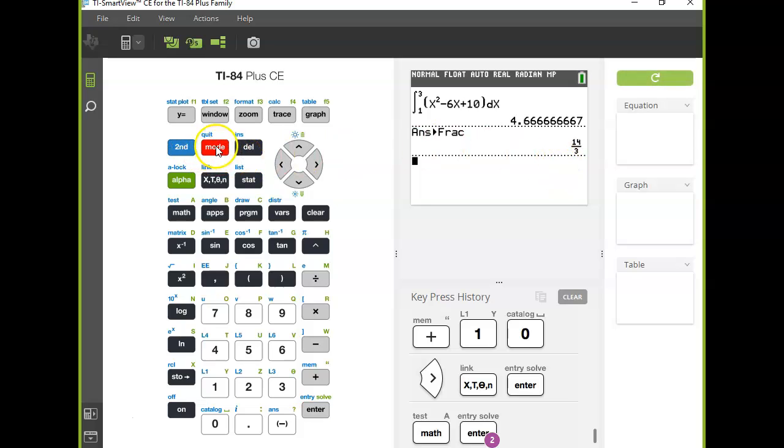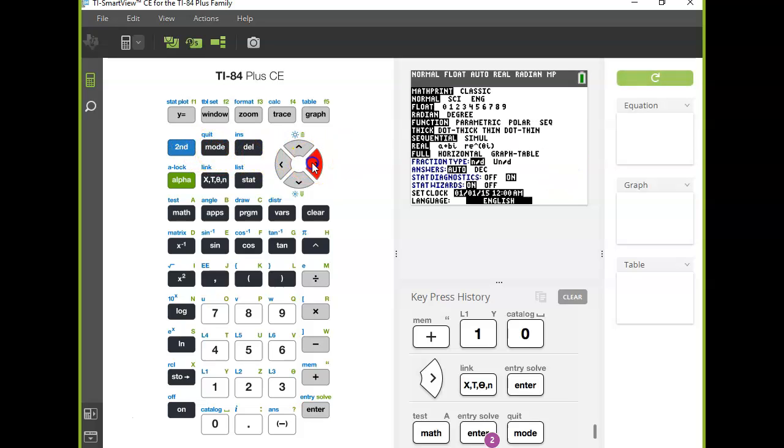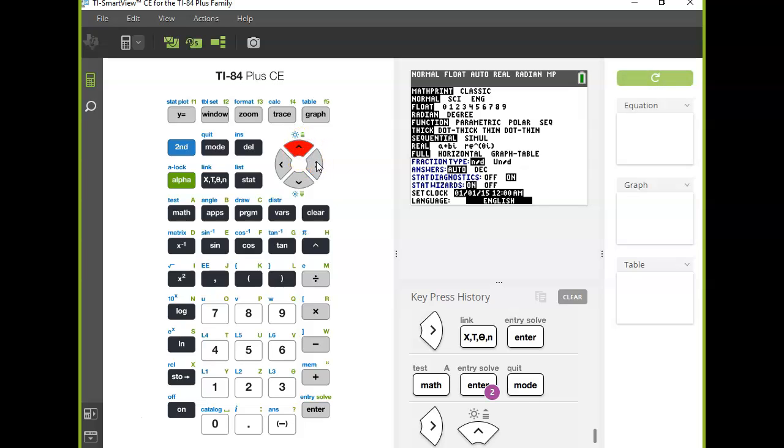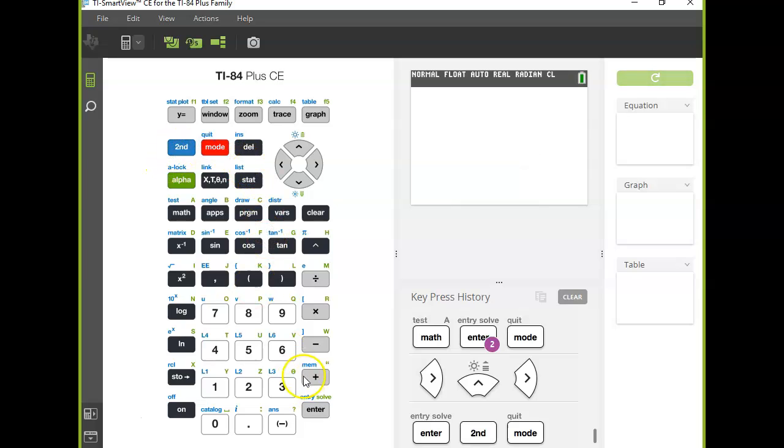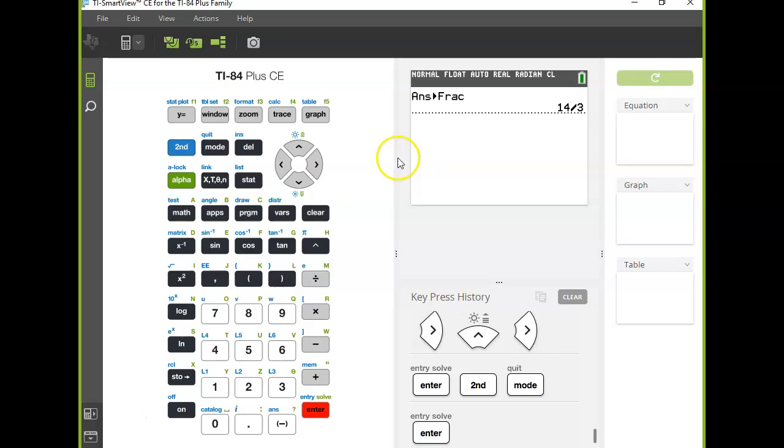Those of you that have the TI-83s, let me just show you what that would look like if I did that using your method. Oh, shoot. Let's try it again.